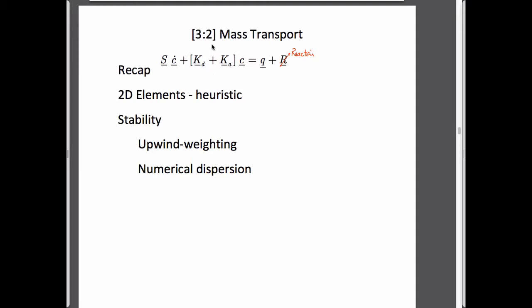Otherwise, this looks identical to our system of equations that we had before, which were something like this for conductance. Because the equation that we're representing includes a term that relates to a second order derivative and also a first order derivative.